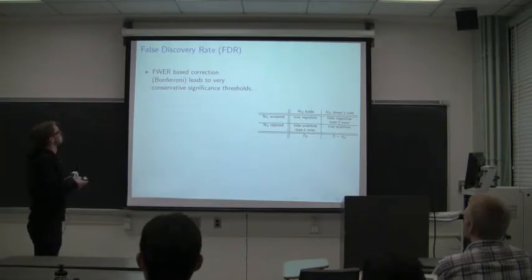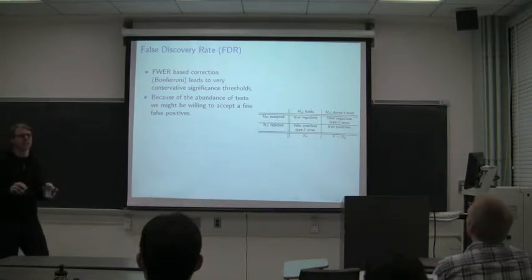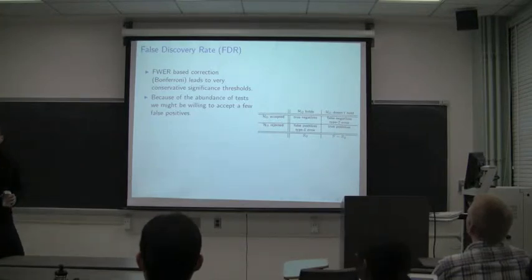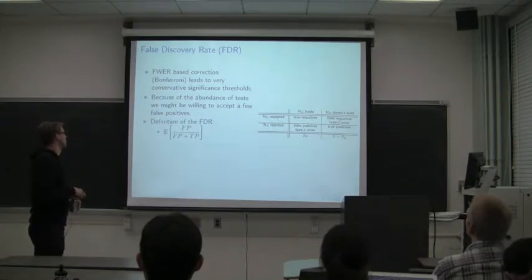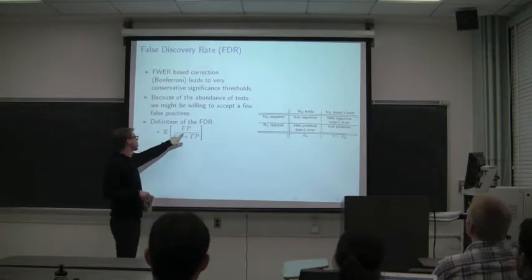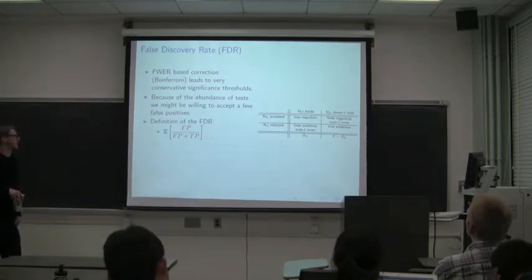And in order to make it less drastic, people come up with something like the false discovery rate, where we say, because we do so many tests, as long as we get some positive results, I'm willing to also accept some negative results as long as the rate between these two is large enough. So basically, if the expected number of false discoveries, false positives, over the total positives that I get is small enough.